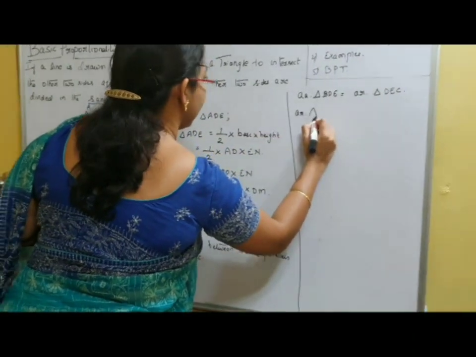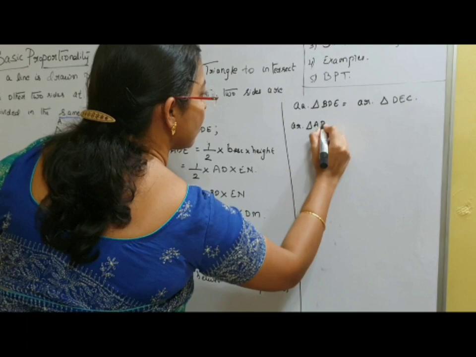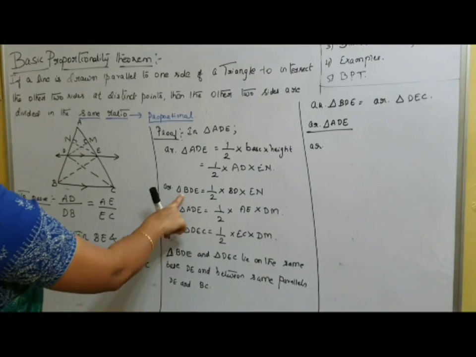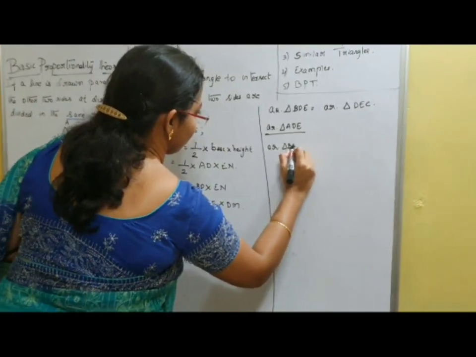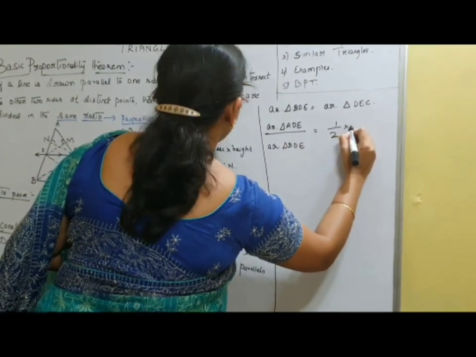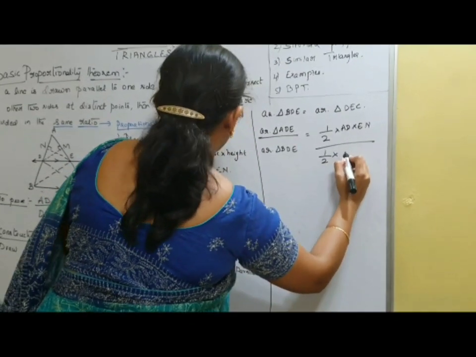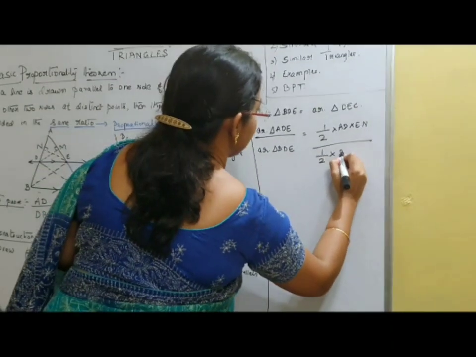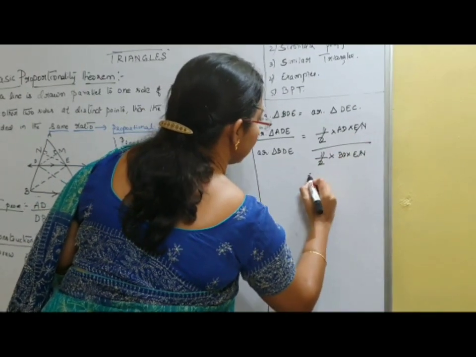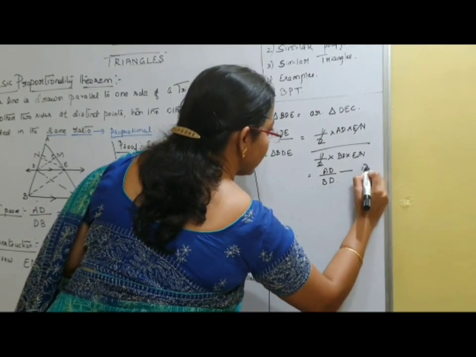Area of triangle ADE is equal to half into AD into EN by half into BD into EN. We see that they get cancelled and it gives us AD by BD. We will name this as equation 1.